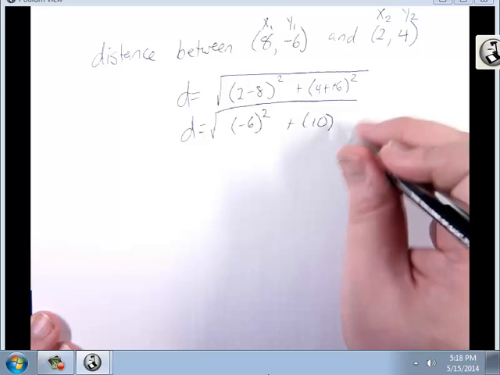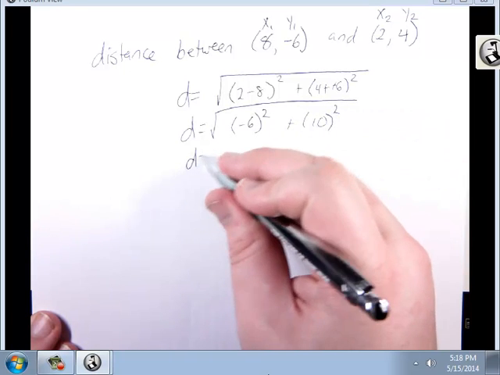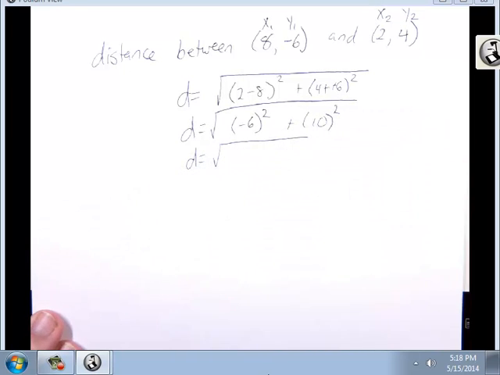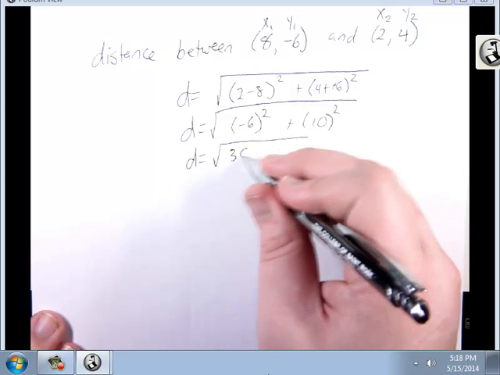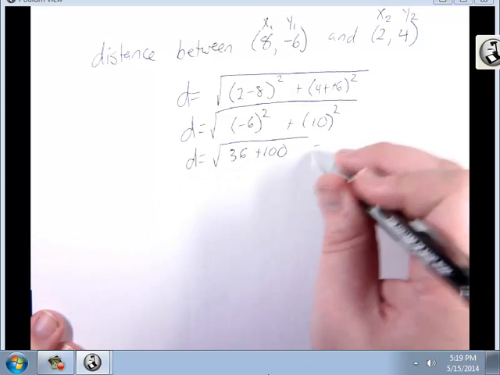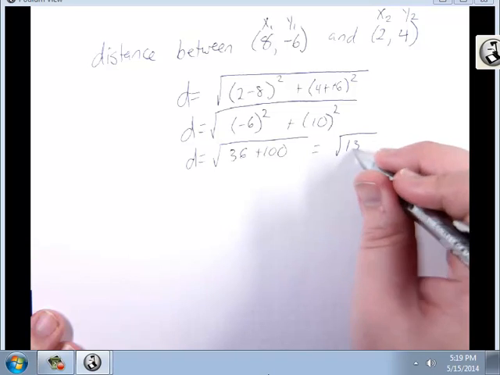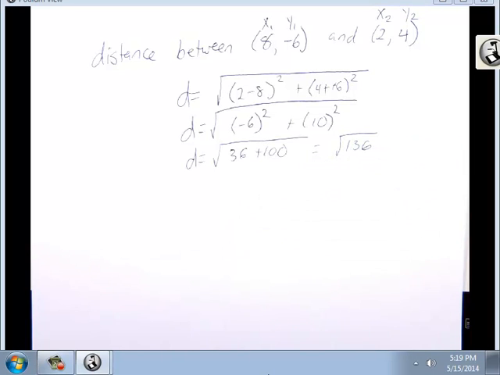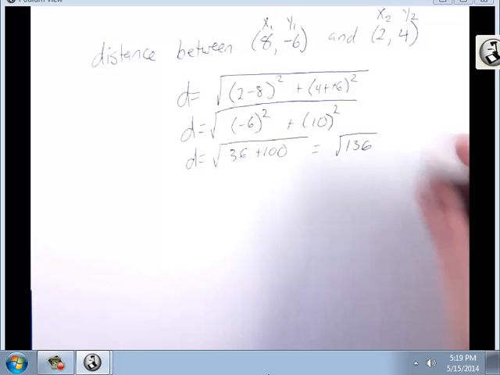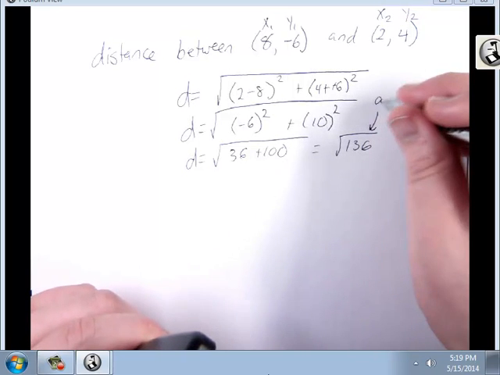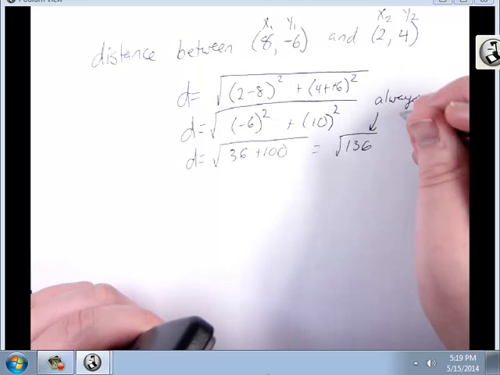Distance equals square root of 36 plus 100, which equals square root of 136. Now let's see if there's anything that can go into that. Always reduce if possible.